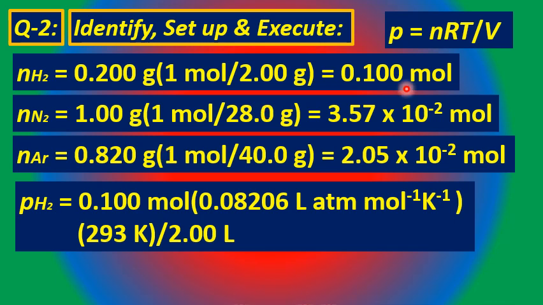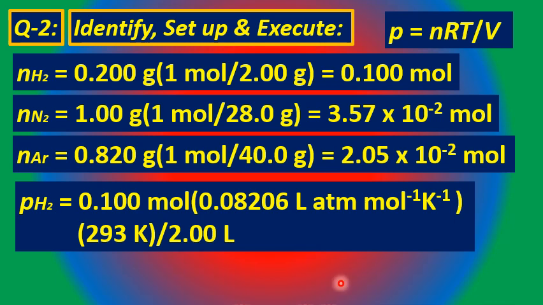So the computed number of moles, 0.100 mole, again is multiplied by the gas constant, 0.08206 liter atmosphere per mole per Kelvin, times the absolute temperature of 293 Kelvin, which is originally 20 degrees Celsius, and then divided by the given volume of 2.00 liter.